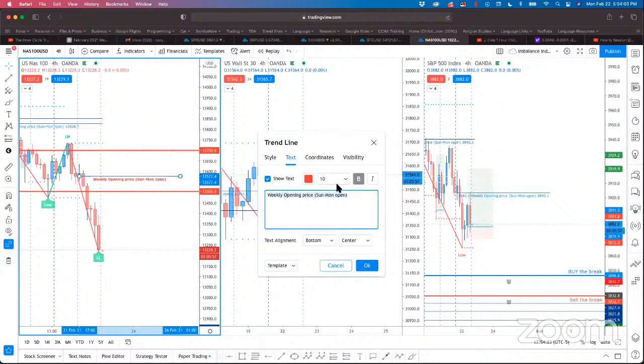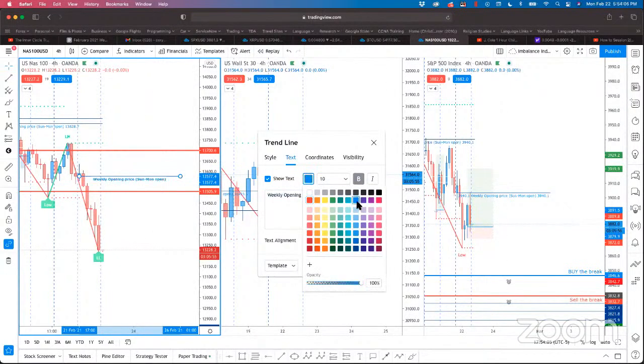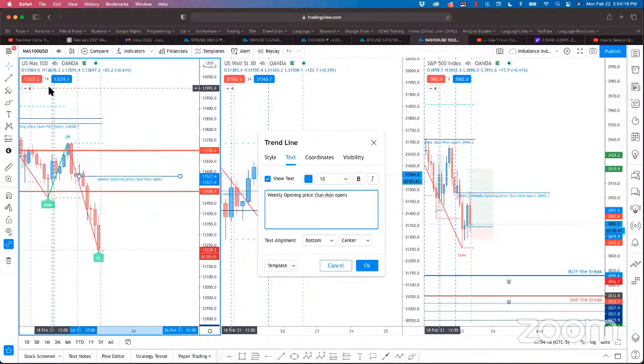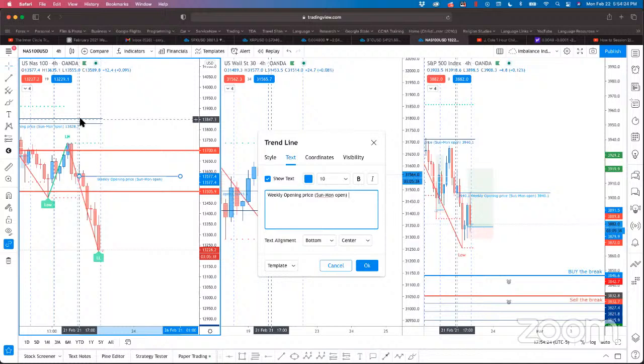It opened up positive and then it turned negative, so we still have to account for that. The opening price was, and I'm looking at these numbers right here at the top, 13,577.4, right?